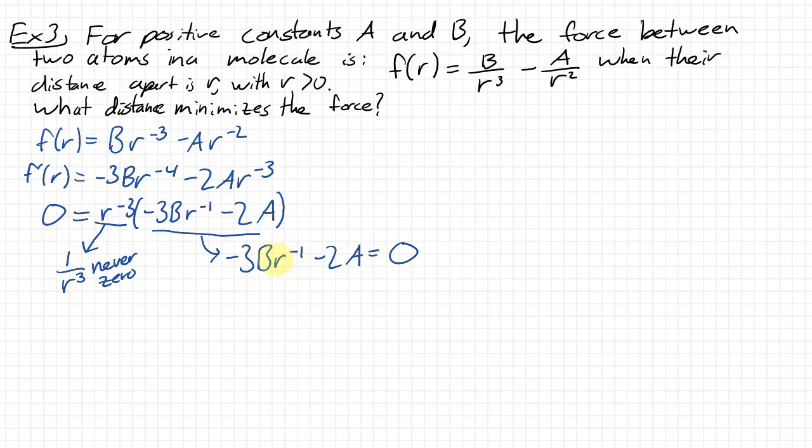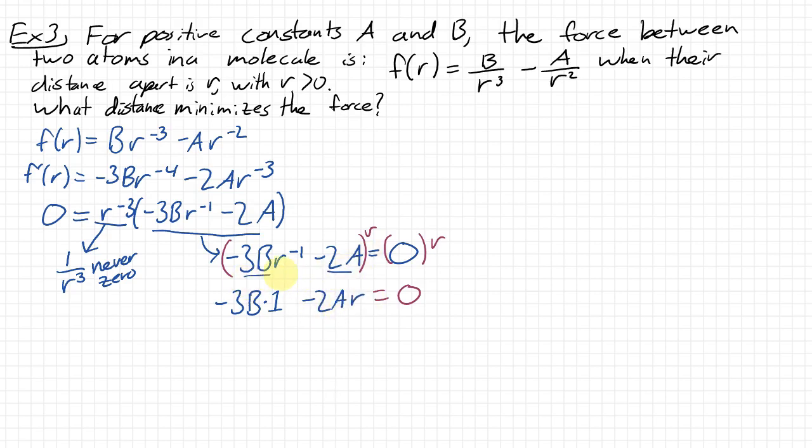And to deal with the fact that you have this r to the negative 1, I'm going to multiply both sides of this equation by r to cancel out with that. And then 0 times r on the right side is 0. This distributes in to give you negative 3b r to the negative 1 times r cancels out to just become 1 minus 2ar.